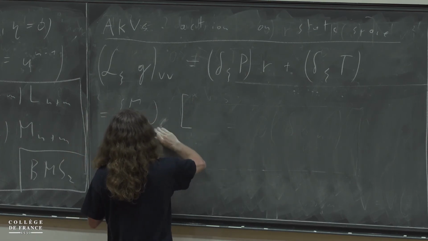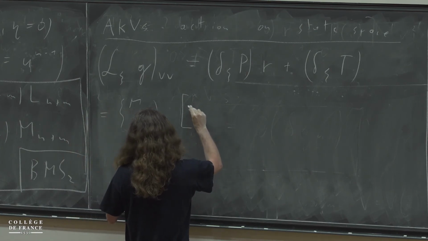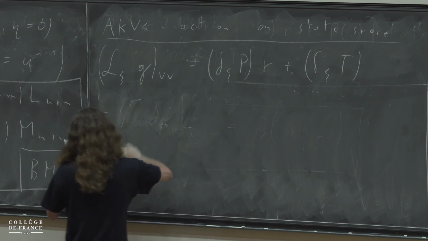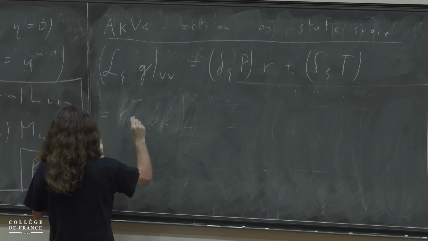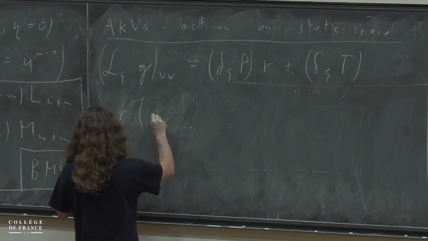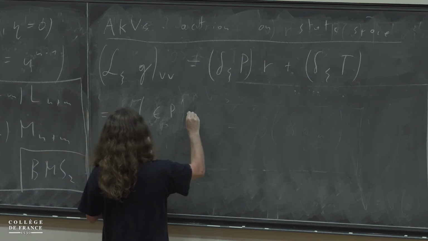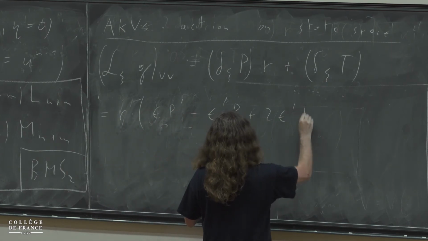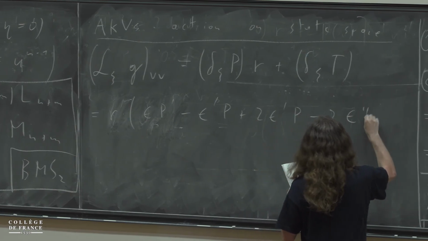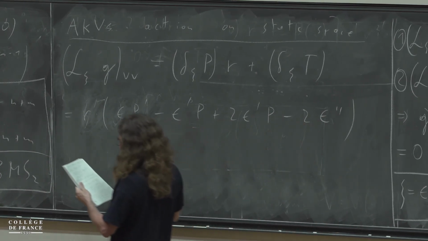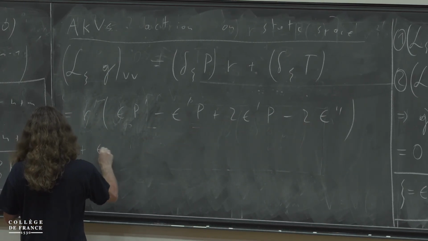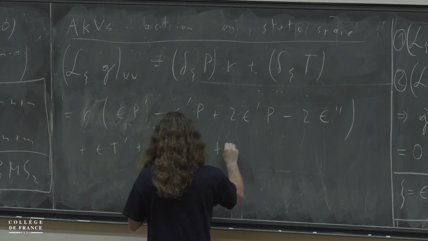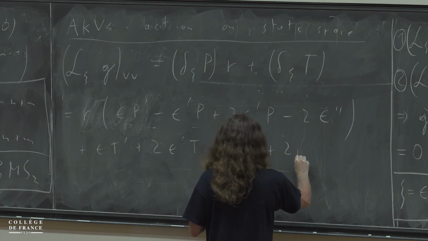Maybe let me just write down the result since it's so late. So the result is we get R times epsilon P prime minus epsilon prime P plus 2 epsilon prime P minus 2 epsilon double prime. And then we get an order 1 term: epsilon T prime plus 2 epsilon prime T plus eta P plus 2 eta prime.